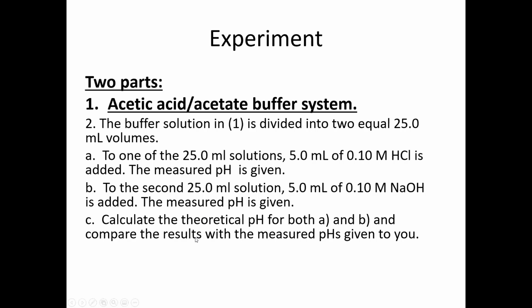And we'll calculate the theoretical pH for adding the strong acid and for adding the strong base, and then compare that with the experimental result. The experimental results will be given to you in the template, and then you need to calculate the pH based on the volume and the concentration that's added.